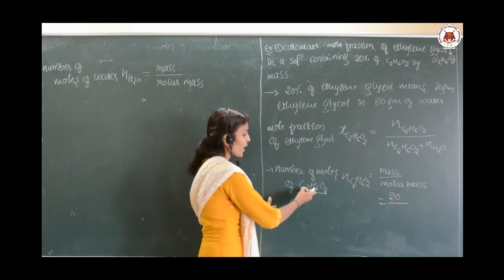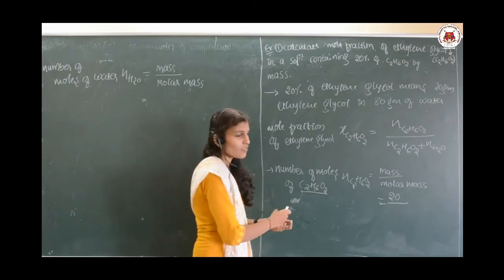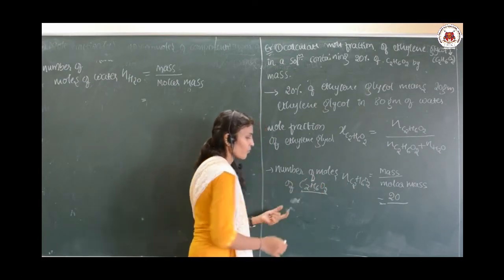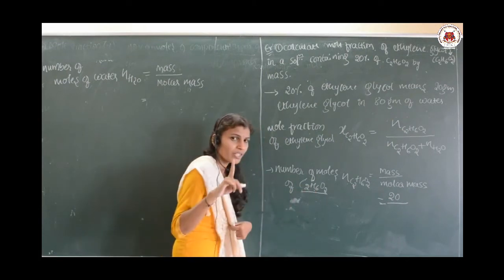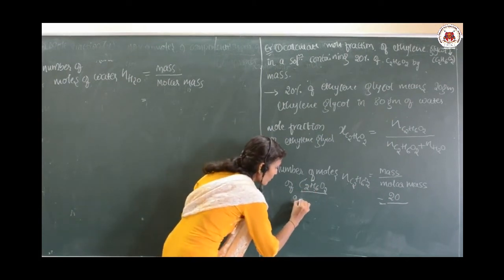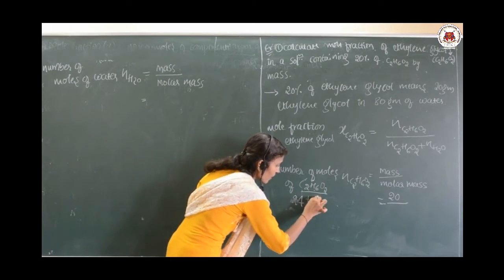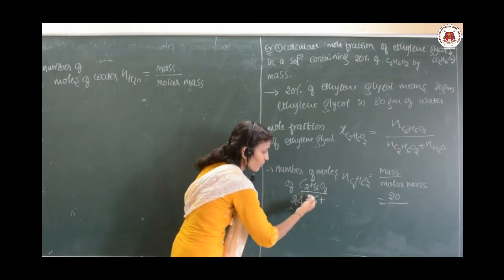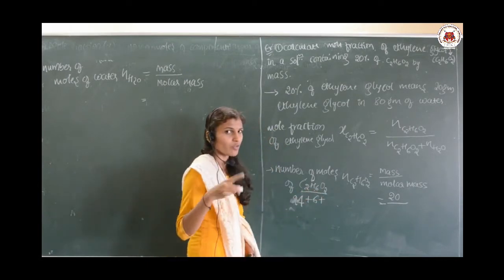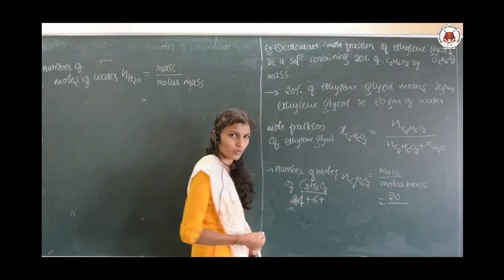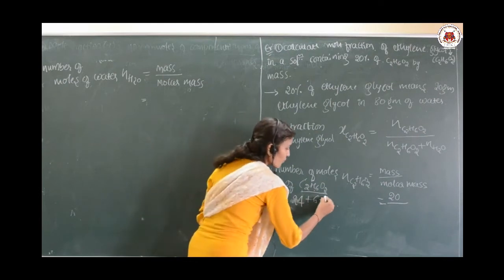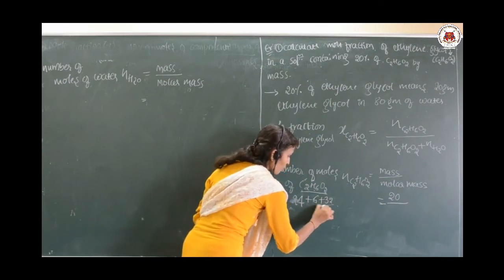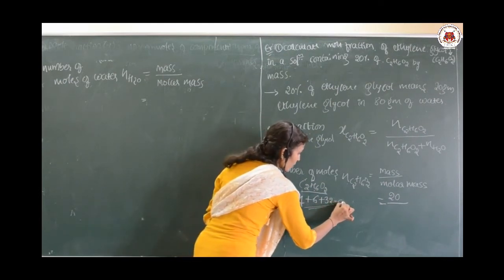By the addition of the atomic masses of all these elements. So 2 carbons are there. For one carbon, 12 is the value, means 24, plus 6 hydrogens are there, the atomic mass of hydrogen is 1, 6 are there, totally we are taking 6. And for one oxygen, 16 is there. There are 2 oxygen, plus 32. So finally it will be 62.